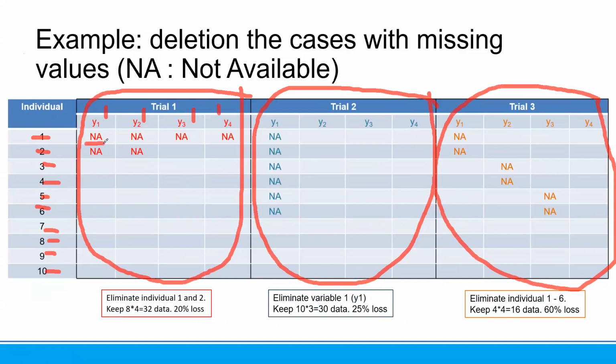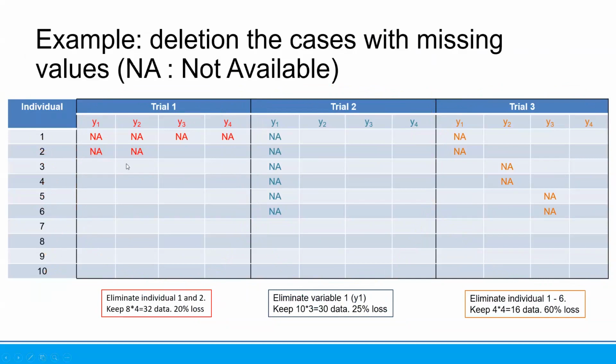NA means not available. Not available, not available, not available. And then we have not available, not available. If you want to delete this data, you cannot just delete this one and this one.